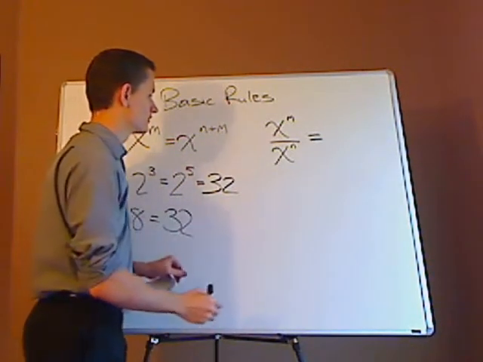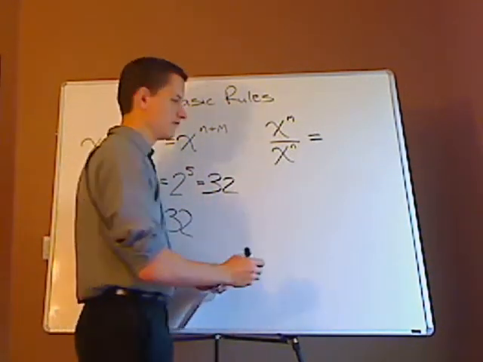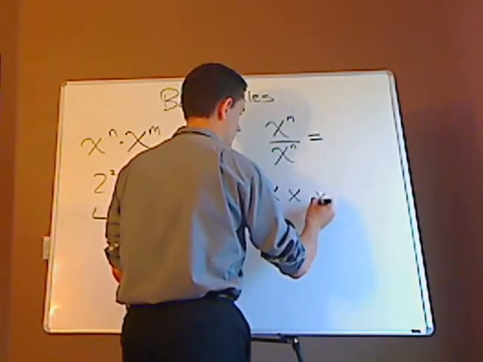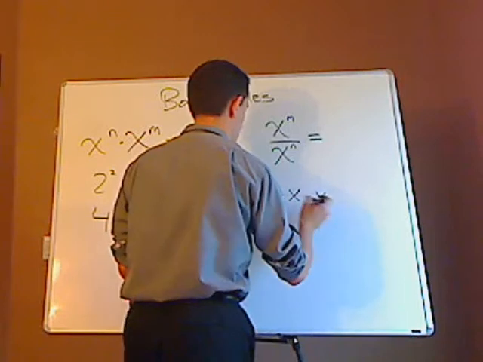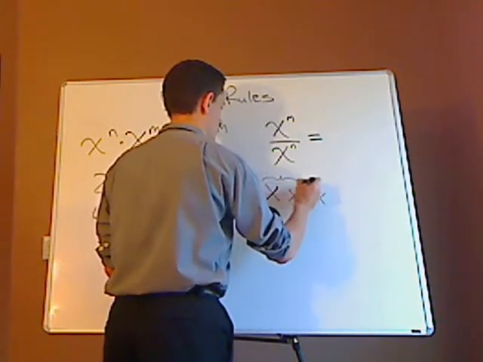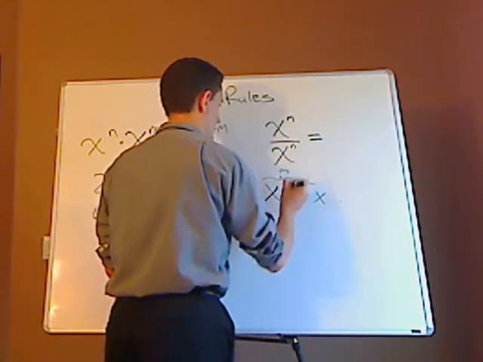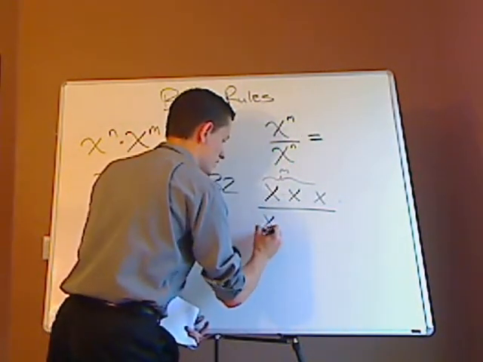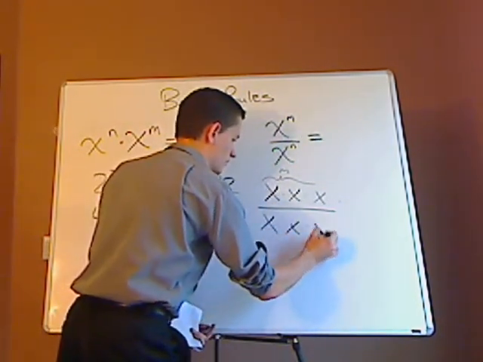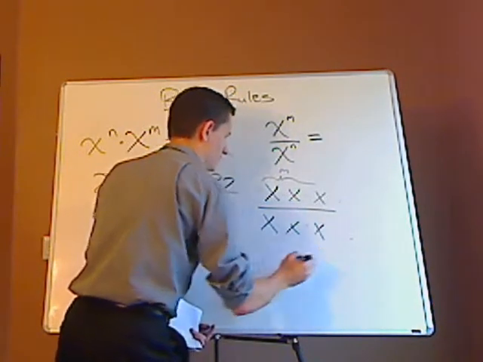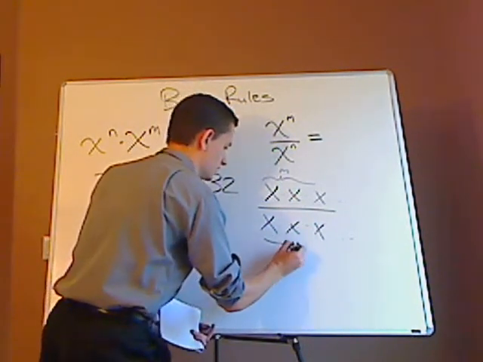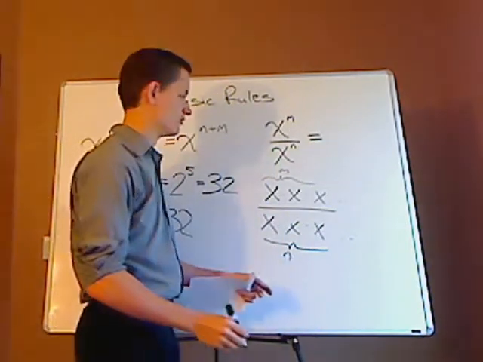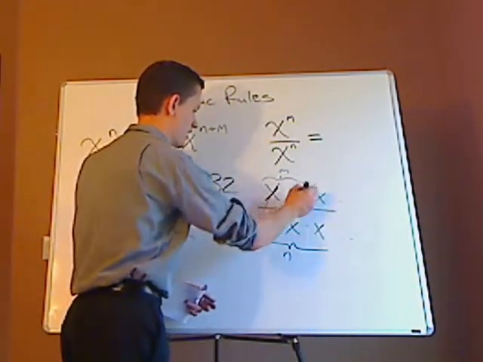Alright, let's look at this. Again, you have x to the m on top, right? And then on the bottom you have n number of x's in the denominator. So what's that going to do? It's going to cancel things out, right?